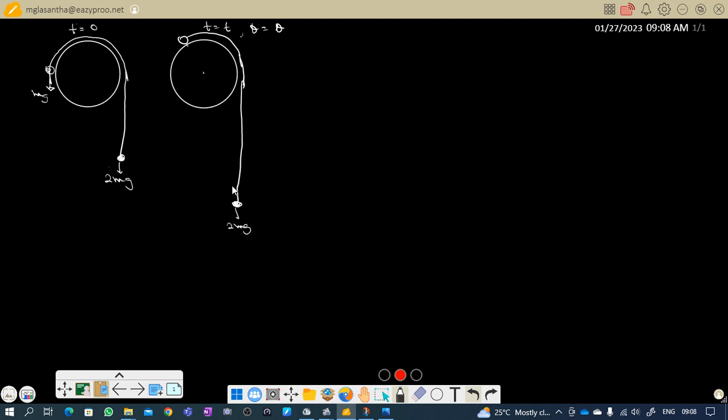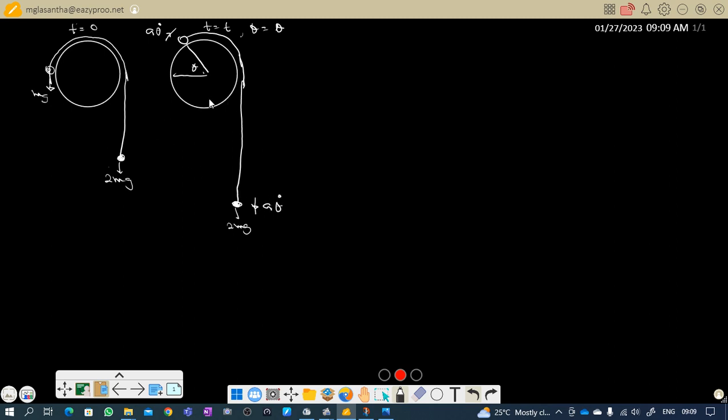This is 2 mg. Now you can take when this rotation is angle theta. This rotation is angle theta. The velocity is a theta dot. Theta dot is angular velocity. If you know the angular velocity, then you can write down the velocity of the particle. Same velocity as this particle, a theta dot, right?